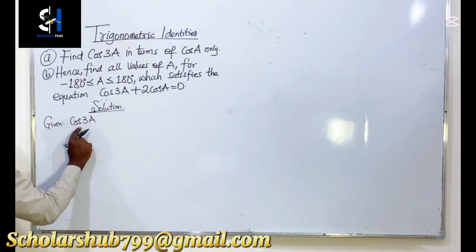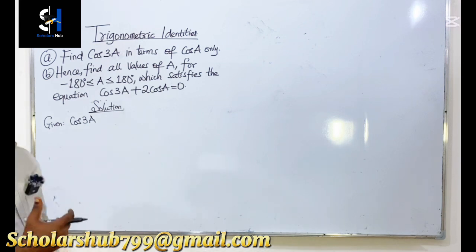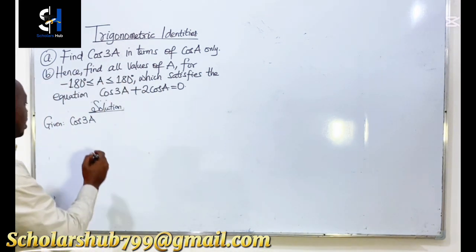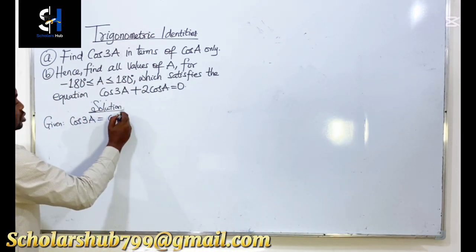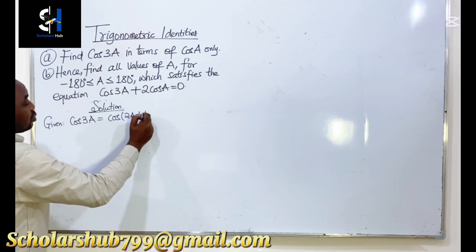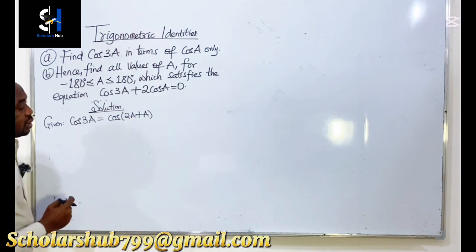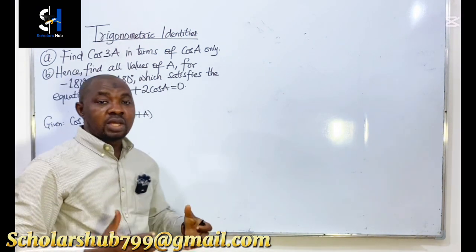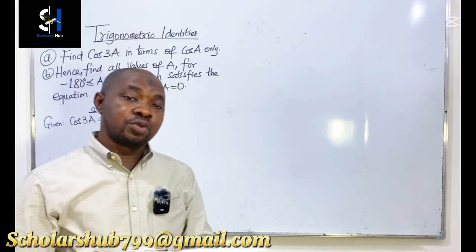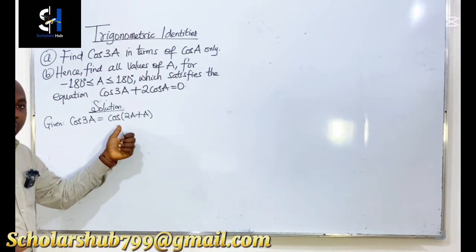Now we can write cos 3A as the cosine of the sum of two angles, and that will be cos of 2A plus A. Then from here, we can use the sum formula for cosine.